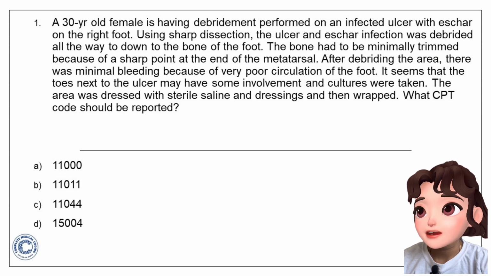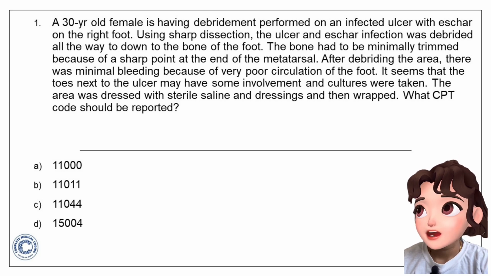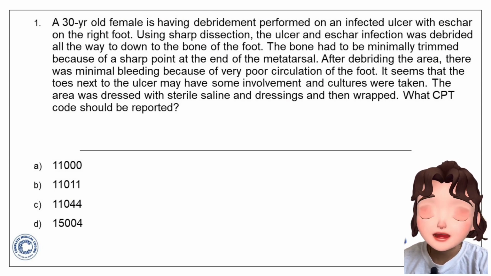After debriding the area, there was minimal bleeding because of very poor circulation of the foot. It seems that the toes next to the ulcer may have some involvement and cultures were taken. The area was dressed with sterile saline and dressings and then wrapped. What CPT code should be reported?